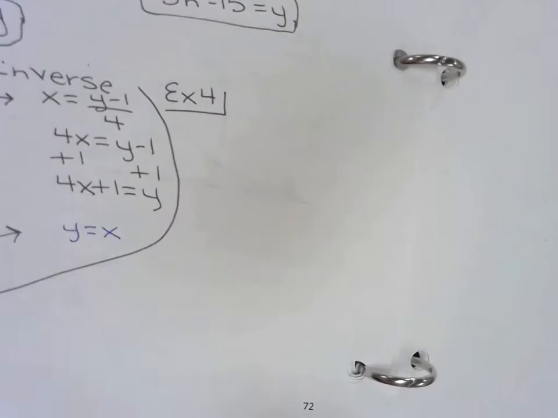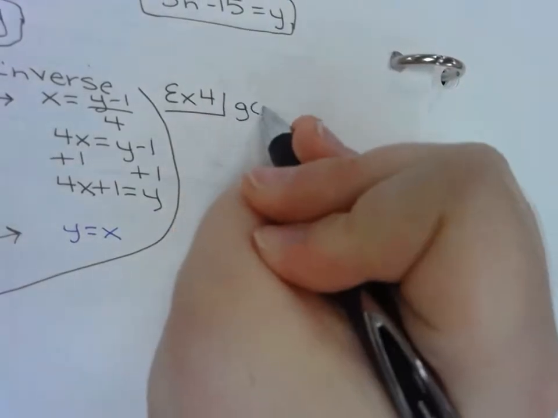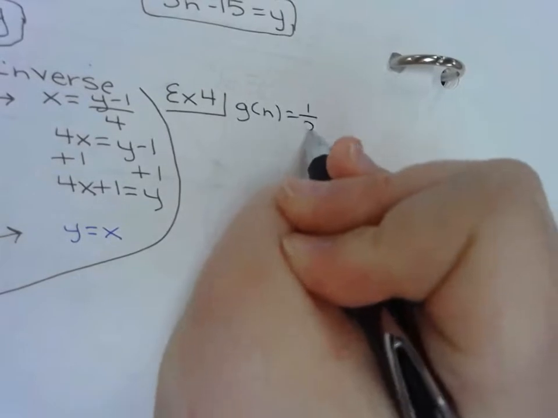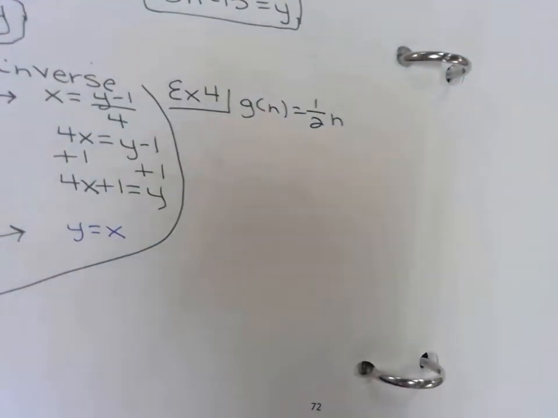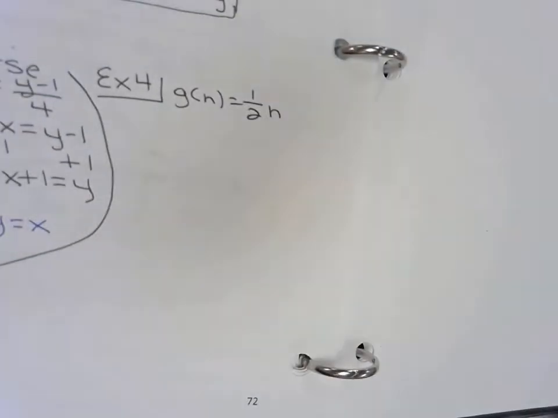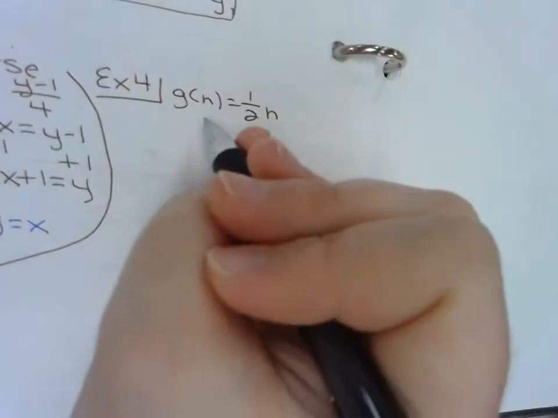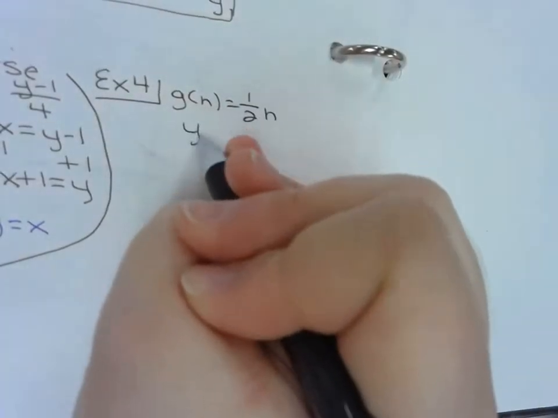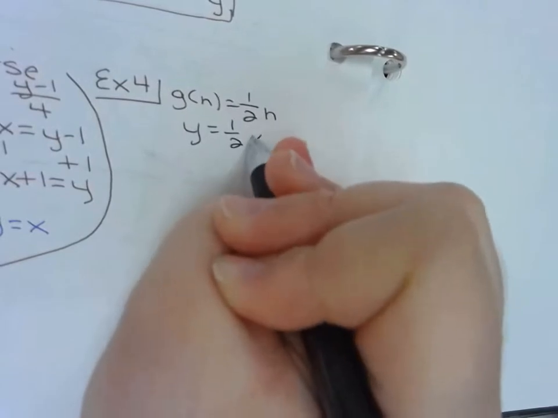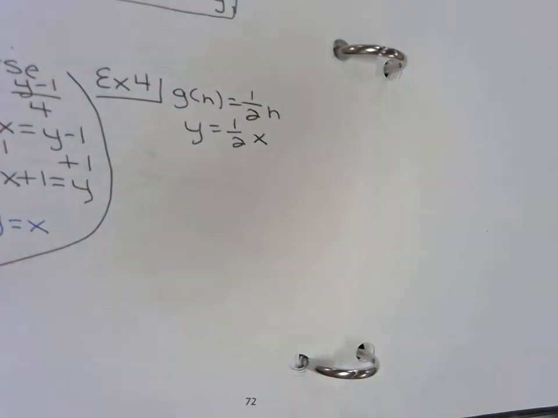If I have g of n equals 1/2 n, they're using n. Don't worry about the variable. If you want to rewrite it as y equals 1/2 x, it doesn't matter. It's the same thing. So you can always just replace the variables.